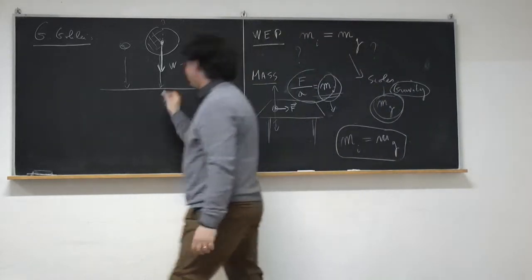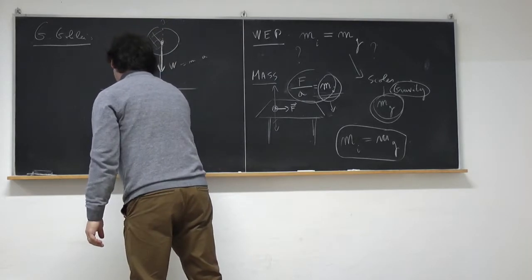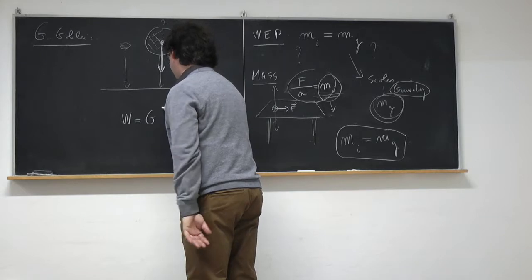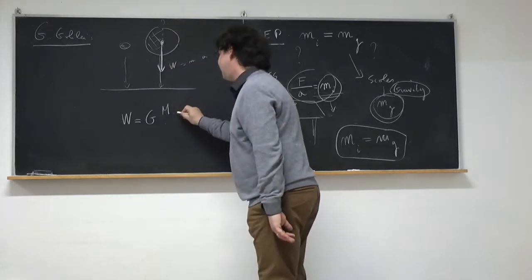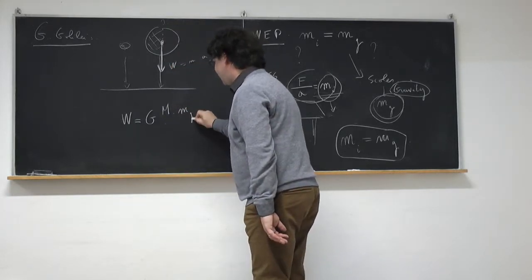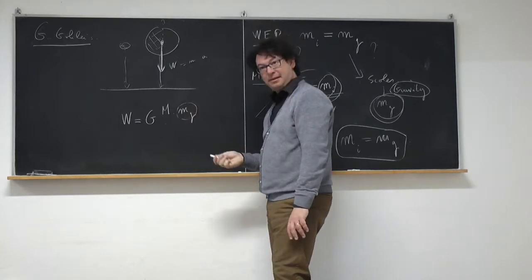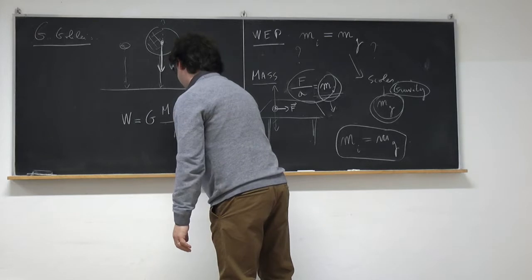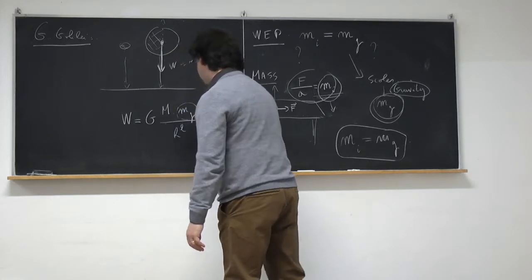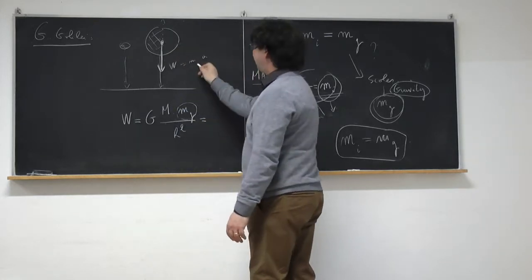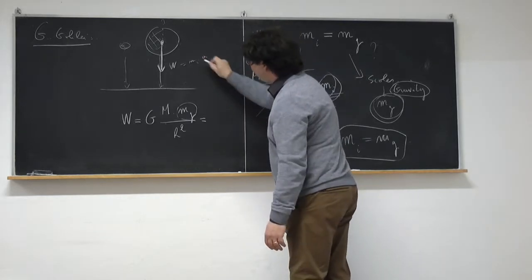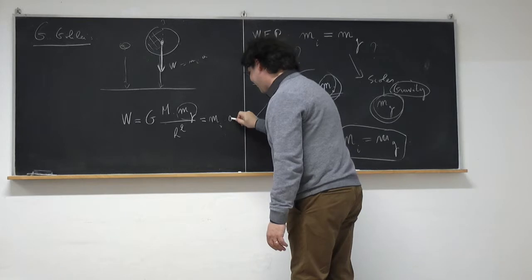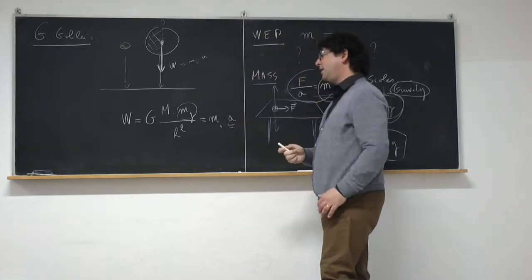Mathematically, the weight, if you want to use Newton's equation, is the mass of the Earth times the gravitational mass, rigorously speaking, over distance squared, and this must be equal to what I wrote here, the inertial mass times the gravitational acceleration.